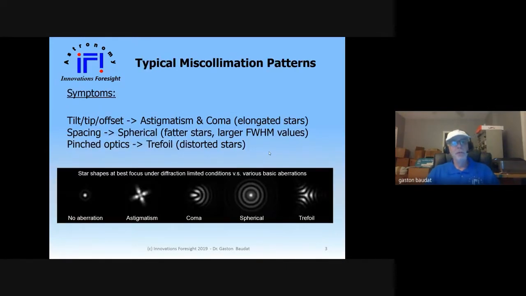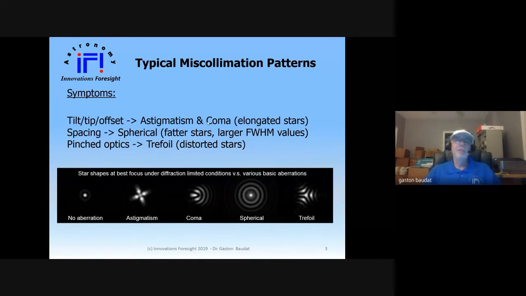And the type of aberration is a function of what kind of collimation problem you may have. So typically tilt, tip, offset kind of things, let's say the secondary and first mirror are not aligned well in a reflector, lead to astigmatism and coma. Those are usually off-axis aberrations.